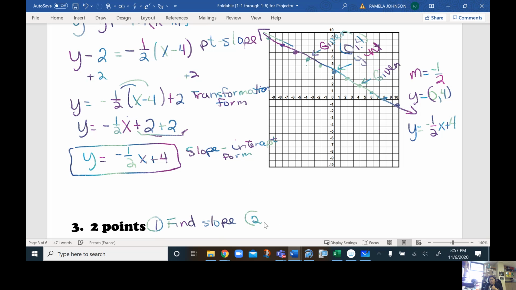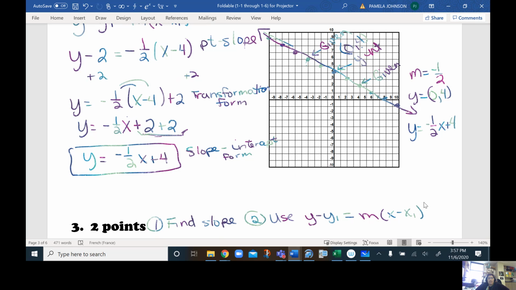And then number 2, use y minus y1 equals m times x minus x1. There's your little reminder for the flap, so you don't have to open it all the way up. You can just look at your quick equation there.